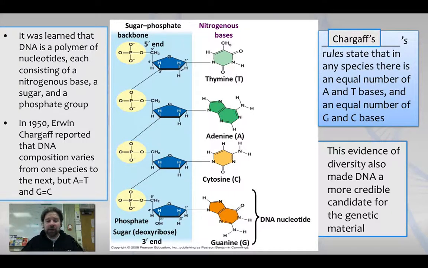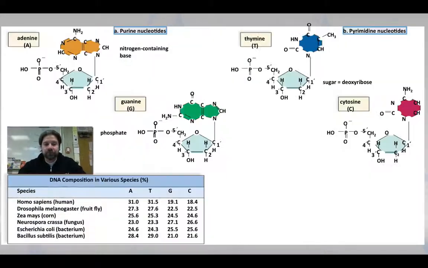But what he did show was that A and T was always equal to G and C. So those are named Chargaff's rules, saying that in every species, regardless of complexity, A is equal to T and G is equal to C. That evidence of diversity made DNA a more credible candidate for the genetic material as well. And with the Hershey-Chase experiment, it pretty much nails it down.